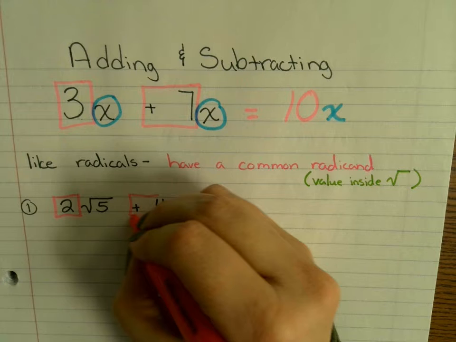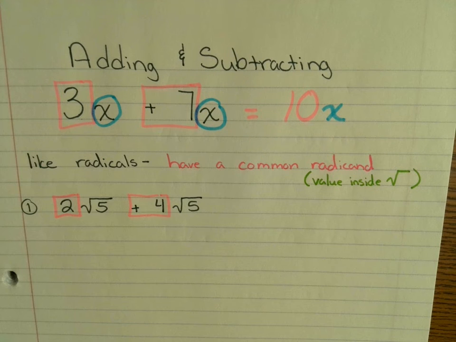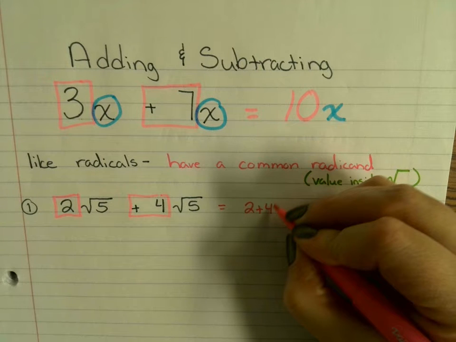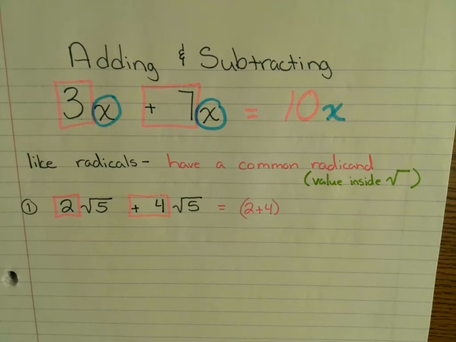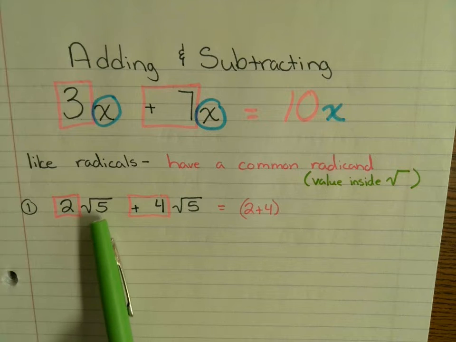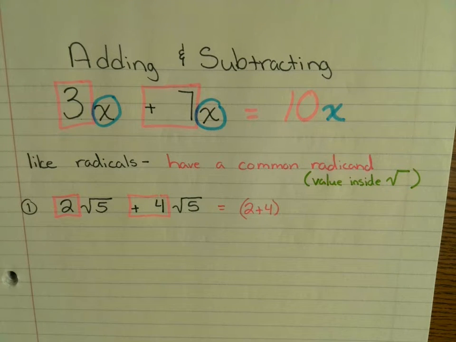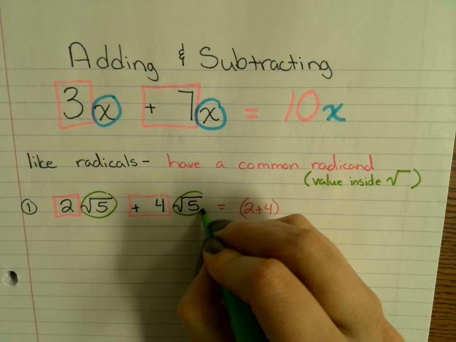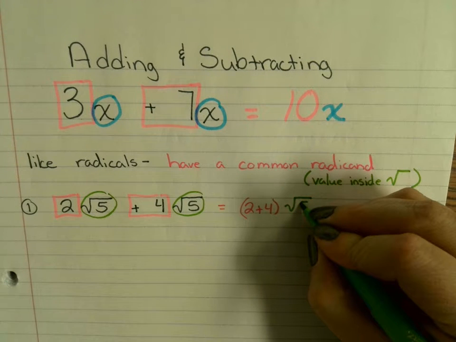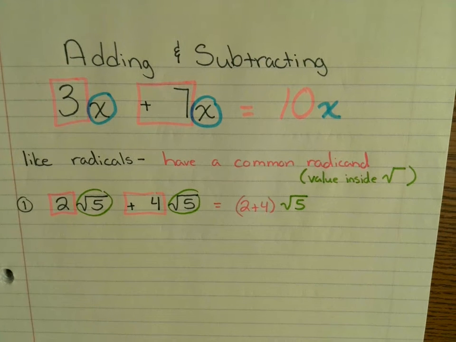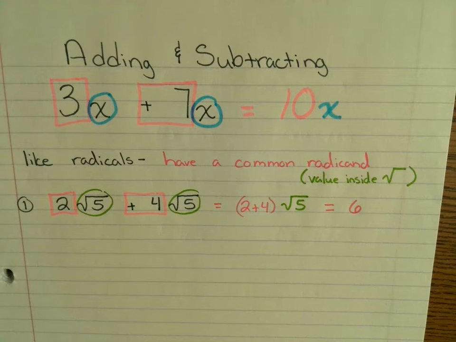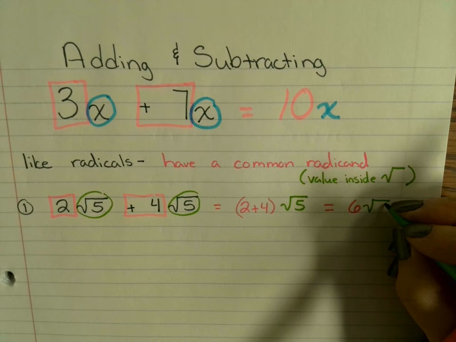I'm just going to focus on doing 2 plus 4. The radical, the root that's behind it, because it's identical, I'm just going to keep. That's the square root of 5. So what's 2 plus 4? 6. So my answer here is 6 square root of 5. It's that simple.